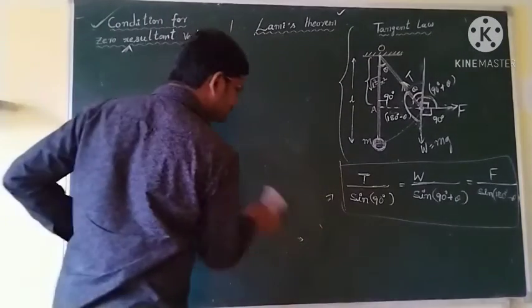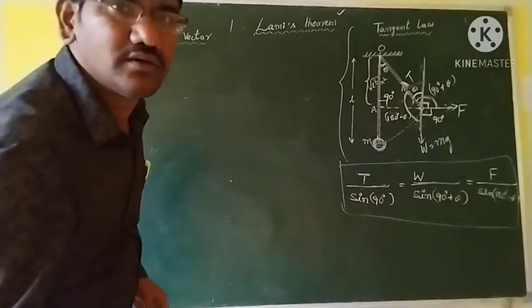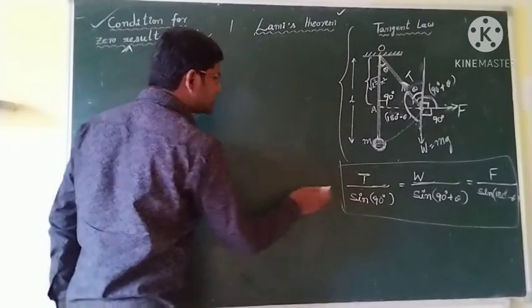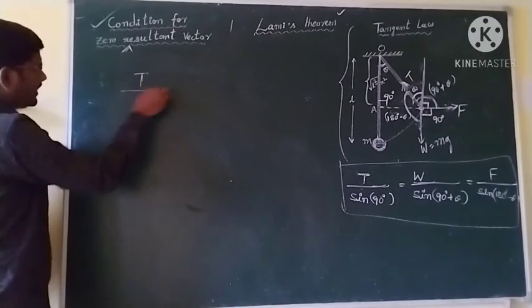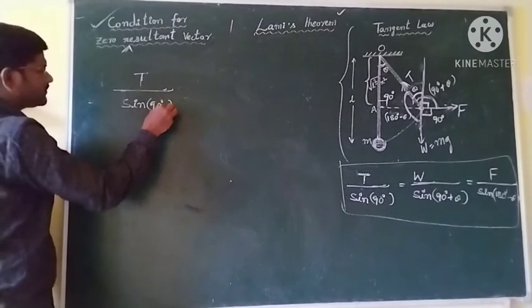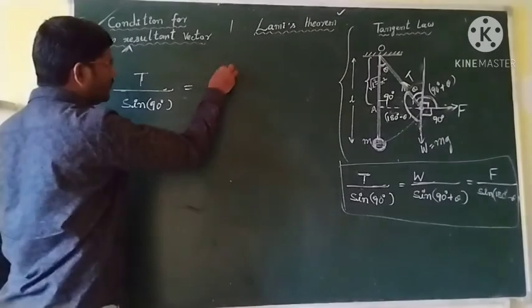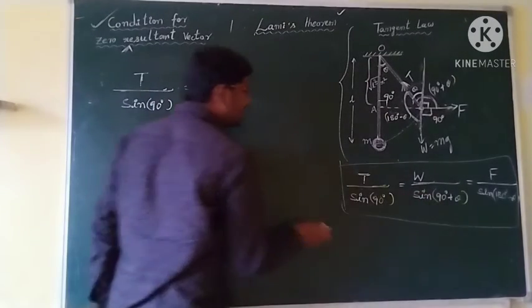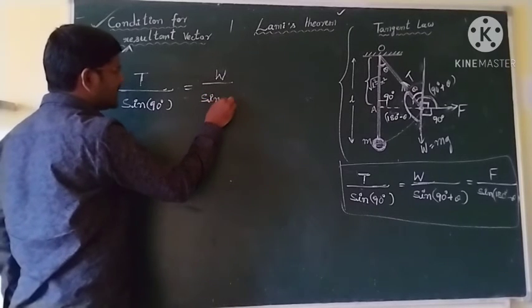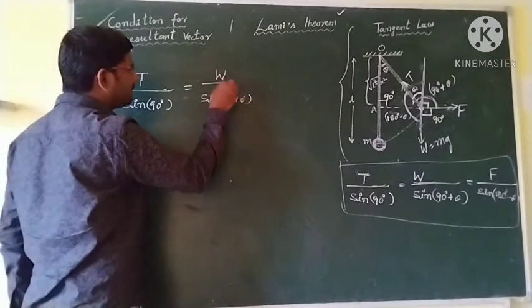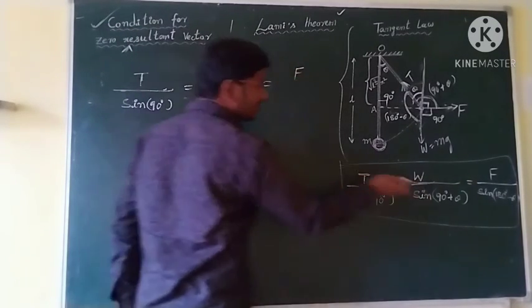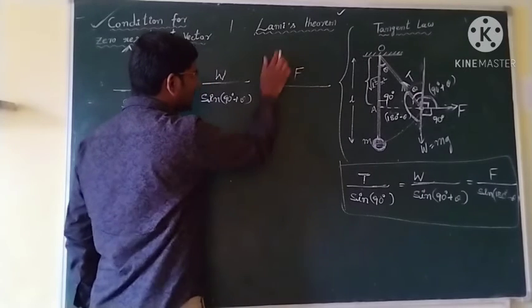Now you see students, T by sine 90 degrees is equal to W by sine 90 plus theta, which is the same as F by sine 180 degrees minus theta.